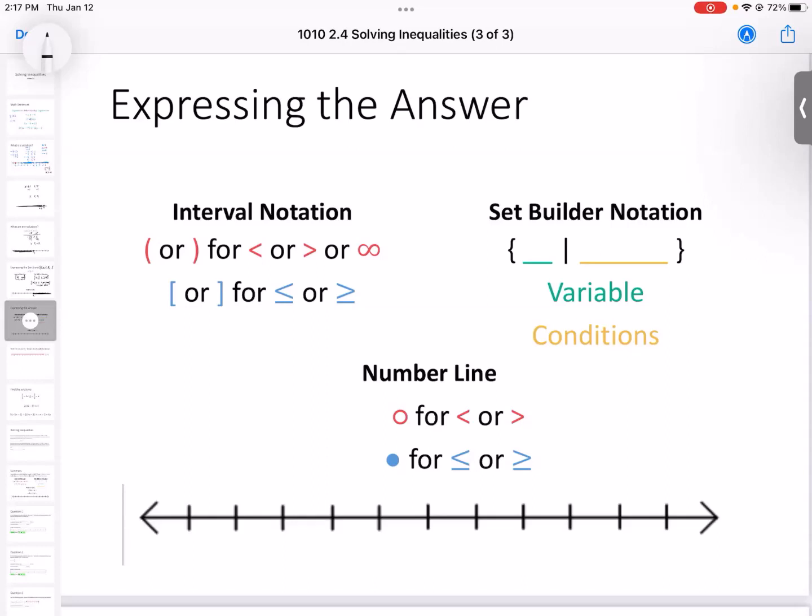Similarly, if you're doing it on a number line, you have open circles if the number itself is not a solution, closed circles if the number itself is a solution. And that number is the boundary point that you solve for. And then set builder notation, you have the variable, and then you have the condition that the variable needs to meet in order to be in the set.